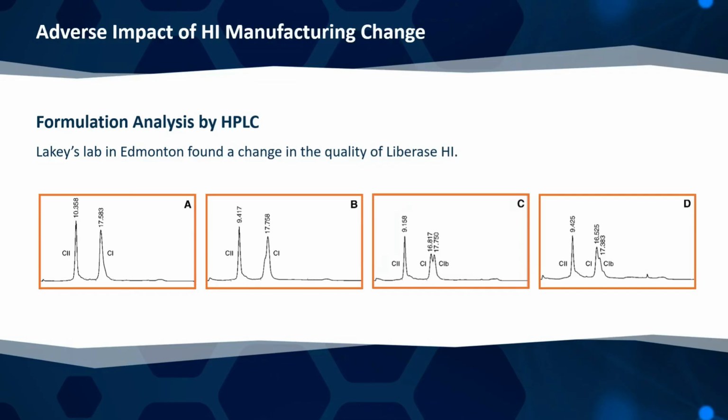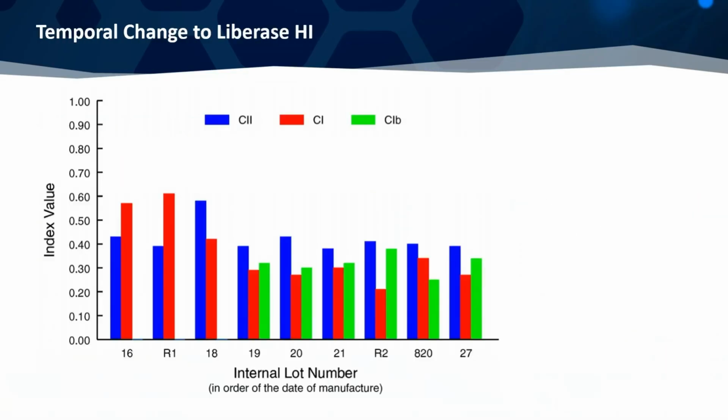And you can see the class 2 collagenase comes off first, followed by the class 1. What Jonathan noticed is he started getting these shoulders or double peaks, as shown in the other slides. And when he did a further study and looked at the lots, you can see that something went awry in the manufacturing.